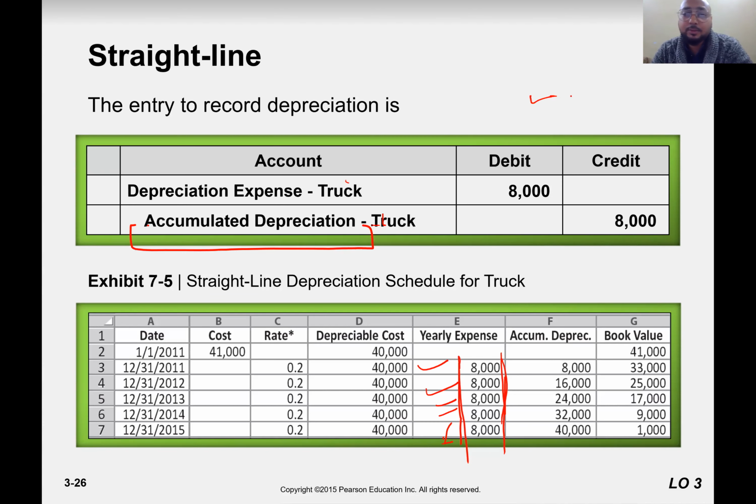The reason to set up this accumulated depreciation is that in a business we don't have just one asset to depreciate. We have building, machinery, plant, vehicles, equipment, fixtures, furniture, land improvements.